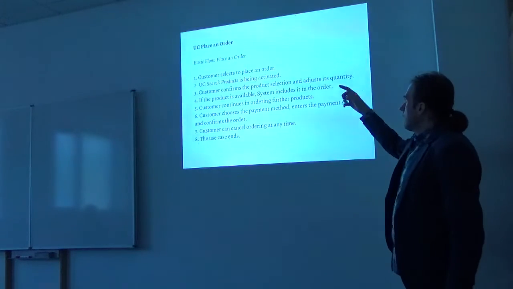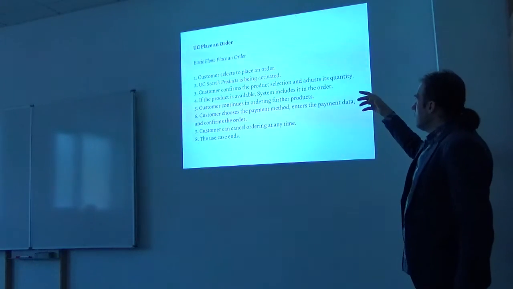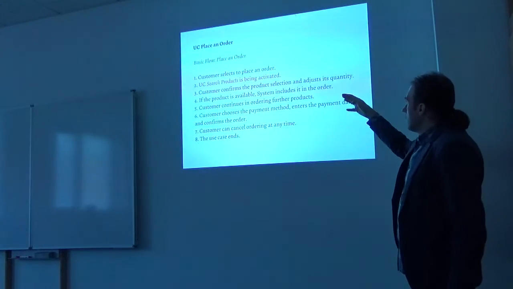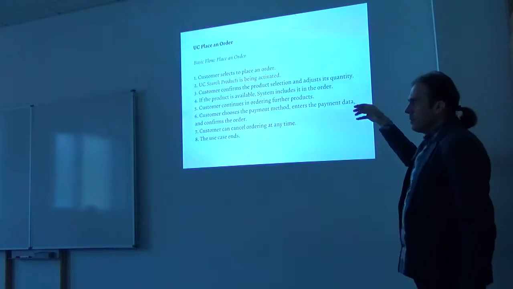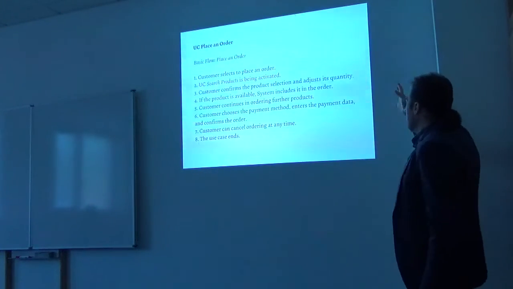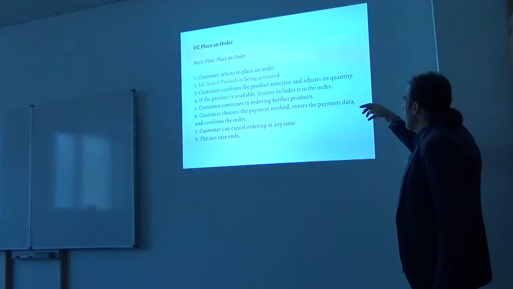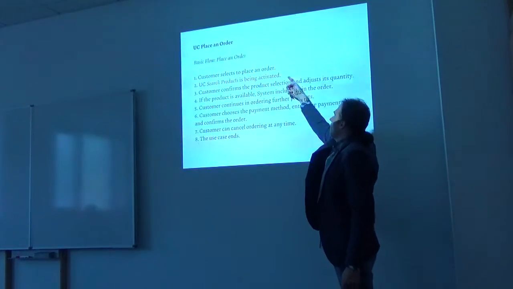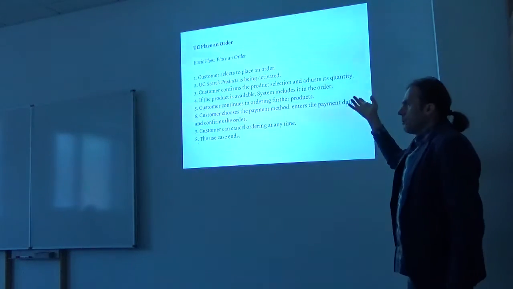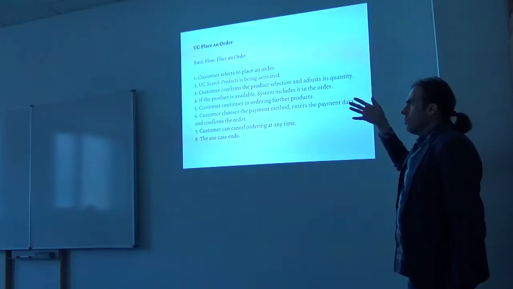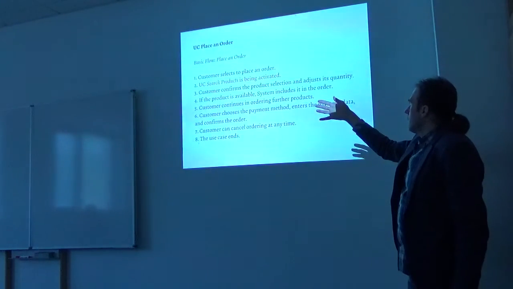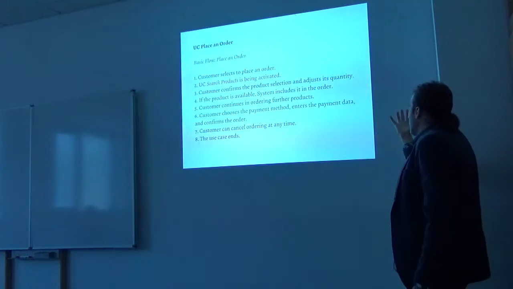So the customer selects to place an order. Then search product is being activated. We can see this use case separately, but I'm not going to show this to you now. This is called include, but you don't even have to explain this to that person. Just have a look at this use case.